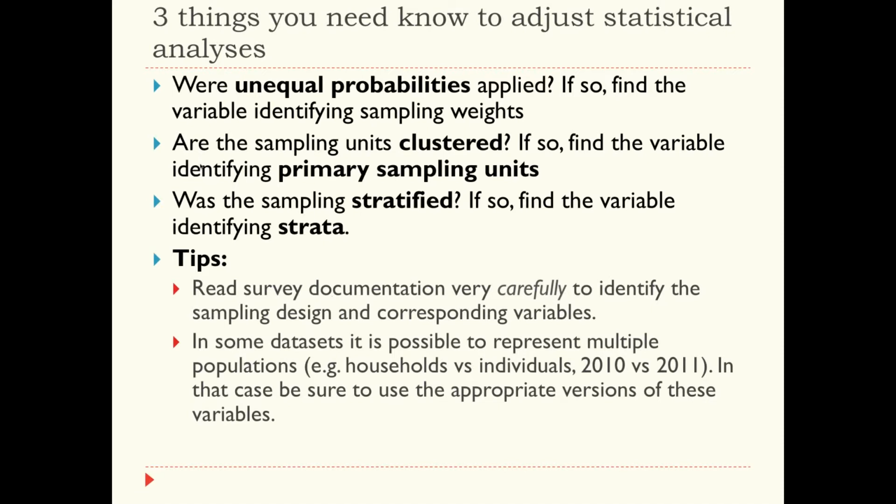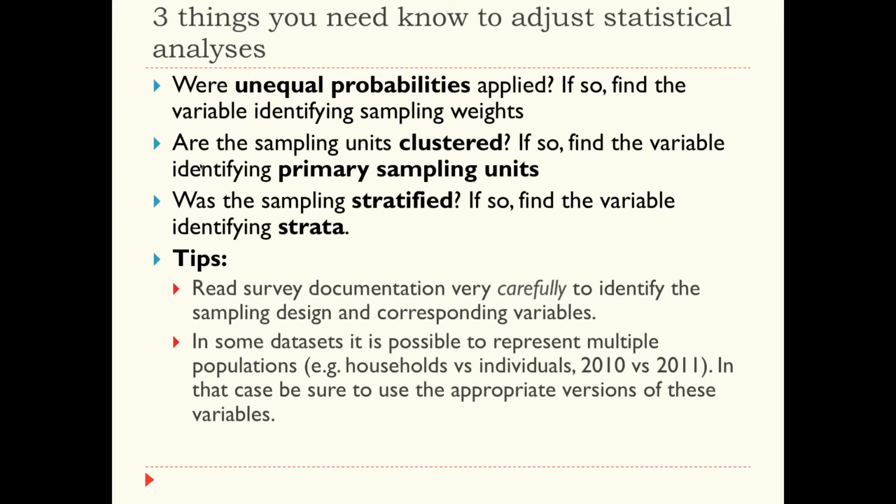We have one question. Could you describe self-weighting in more detail? Yeah, essentially self-weighting just means that by design, even though the survey had multiple stages, the end result is that you wind up with equal probabilities of selection of your final sample.